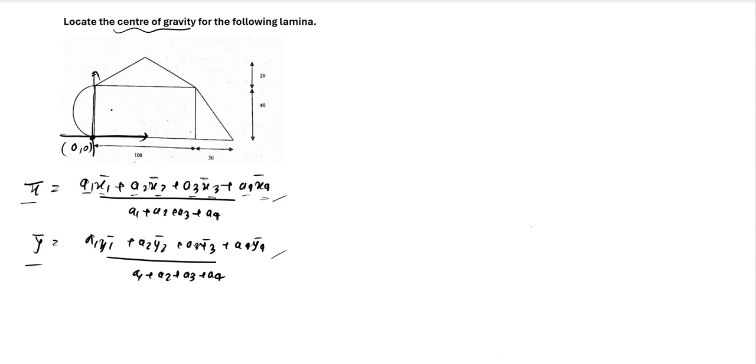If you want to calculate the center of gravity of this rectangle, it is located at 50 comma something. So 50 comma, with the line of center of gravity running along the entire y. The center of gravity will be located somewhere here, 50 comma 20, because this is the y equals 0 line and this is the x equals 0 line. So the location of the center of gravity for this rectangle is 50 comma 20.